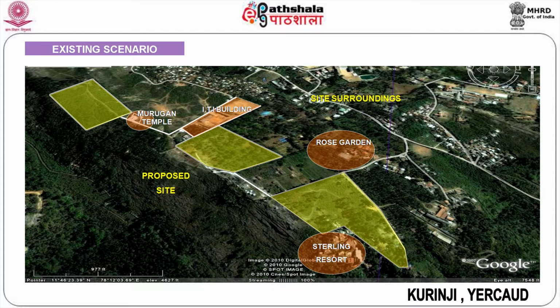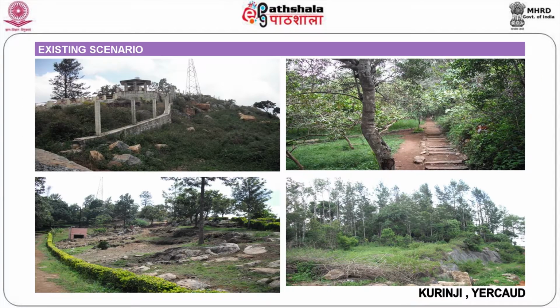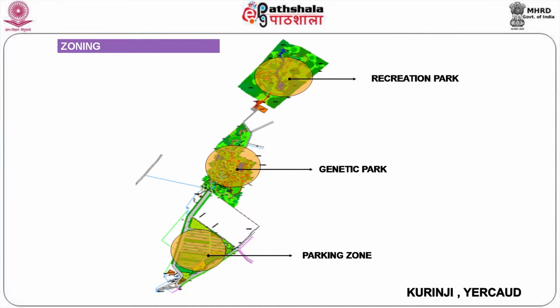So how are you going to connect all the things? There are existing site photographs, there are dances, the basic landscape plan, and how the plan evolved with a lot of activity. So you can see, we call them the recreation zone and genetic park area.